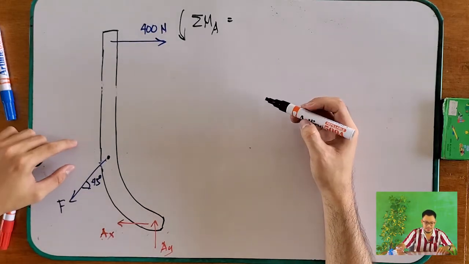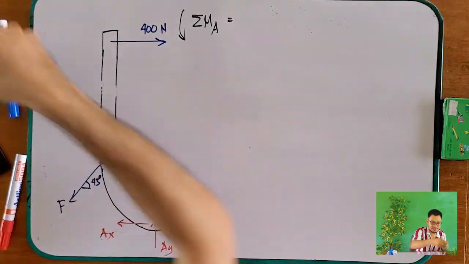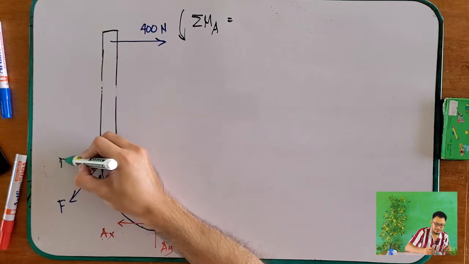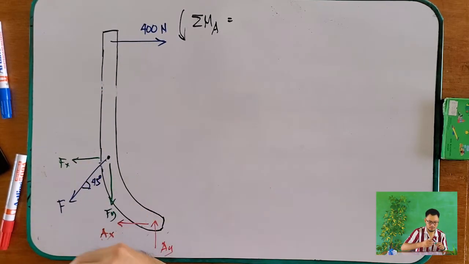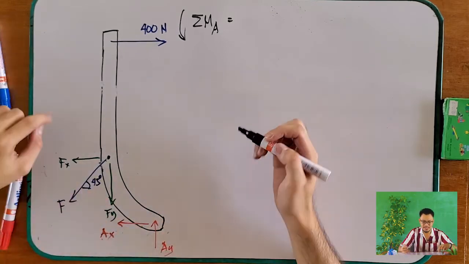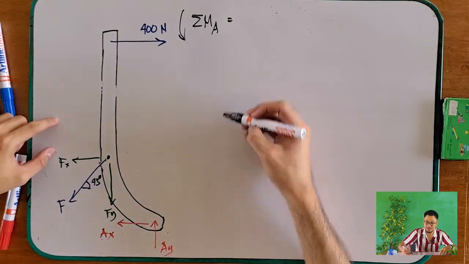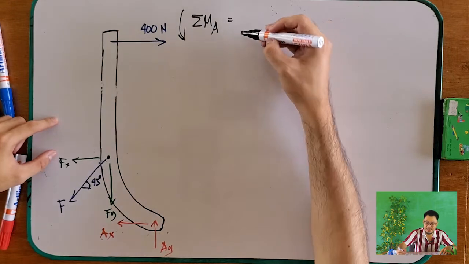Sige. So, unsa man ni? Diba? This is Fx and Fy. Okay. So, unsa man na? Ato unahon ang Fx.